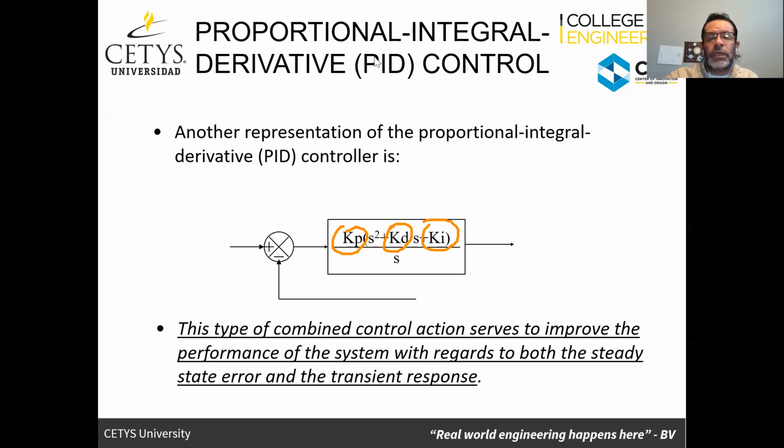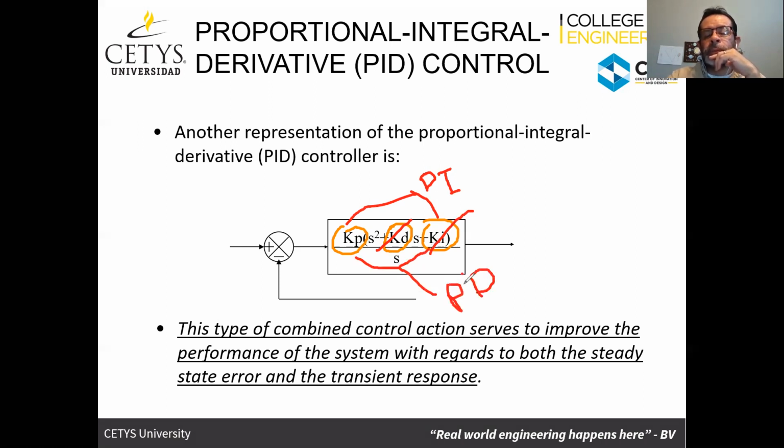And we can convert a PID controller into any of the other combinations by eliminating either of the constants. So if we eliminate the derivative, we get a PI controller. If we eliminate the integral, we get a proportional derivative controller. And so the combination of these three is usually what we see and usually what we get commercially.